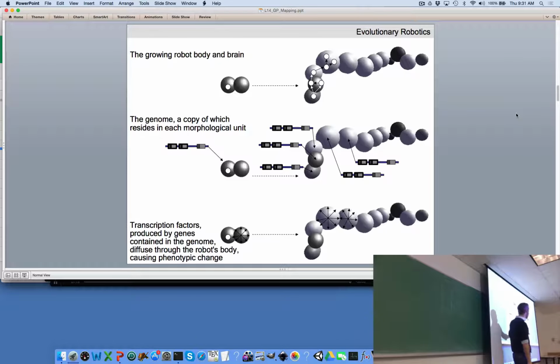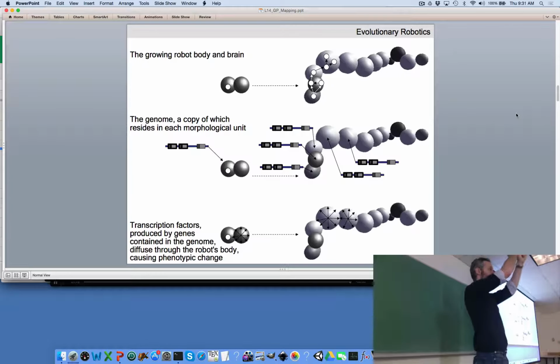Some of those genes that produce a transcription factor, it doesn't attach to other genes, it attaches, quote unquote, to parts of the phenotype. Some of those genes produce a protein that causes that cell to grow larger and split in two, like you saw in the video. Other genes, when turned on, produce a transcription factor that causes a neuron to split into two and a synapse to connect them together.